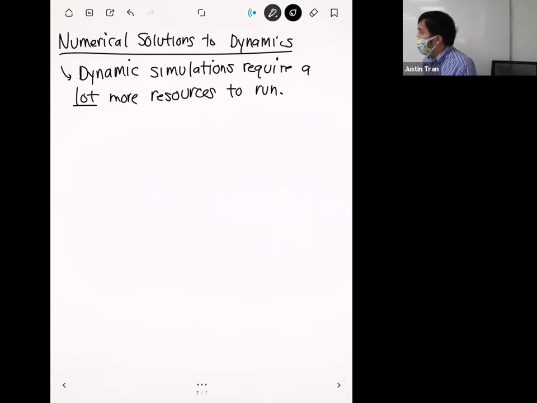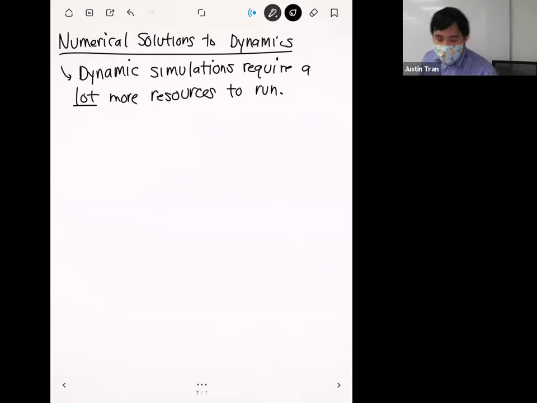And so it's going to take a lot more time, first of all. You're going to be running your dynamic simulations for generally a lot more time than your static ones. It's going to take a lot more computer memory too. Although if you're smart with how you write the code, it's not as big of an increase over the static case, but it can be a lot more, depending on how the method is implemented. But the important thing is it's going to take a lot more time.